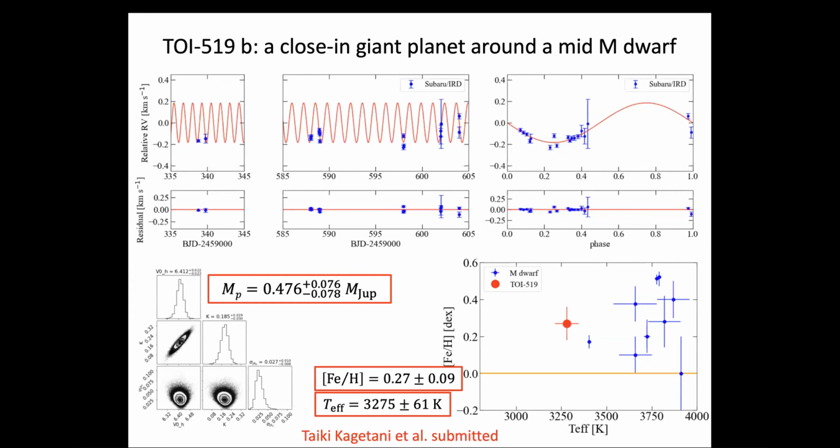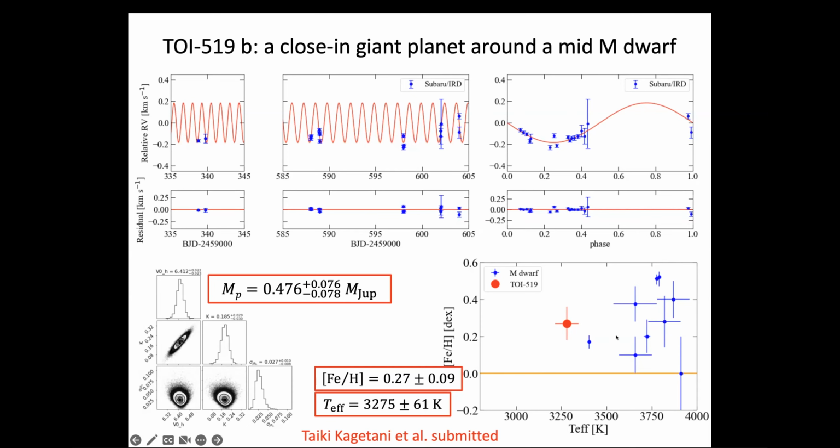One is now submitted by Taiki Kagetani. This is a giant planet, a close-in giant planet around a mid-M dwarf, TOI 590b. We measured the mass with IRD, and it turns out to be a half Jupiter mass planet.